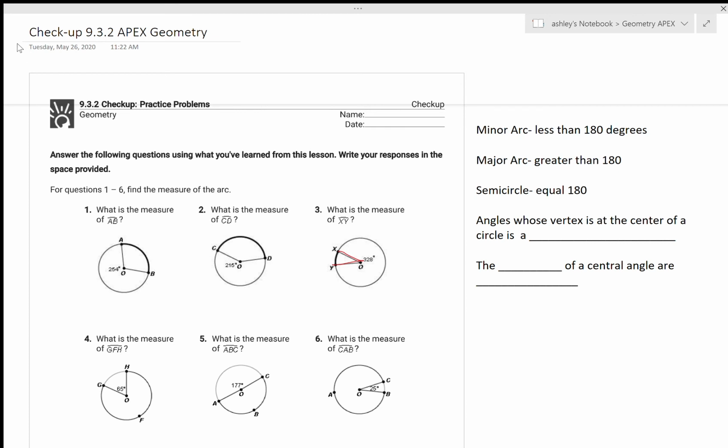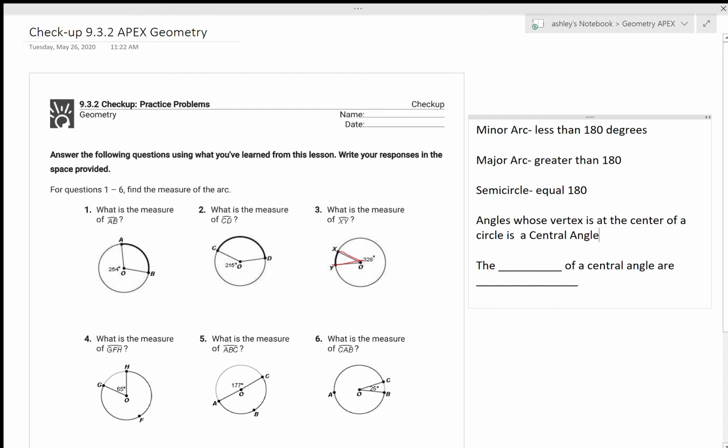And its name is a central angle. So any angle whose vertex, that's the corner of the angle, is at the center of the circle, is a central angle. Then the sides of a central angle, so that would be like X to O, or O to Y, that whole side, well, they are radii of a circle. Those are most of the terms you need to know.